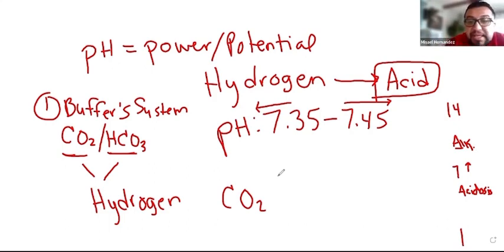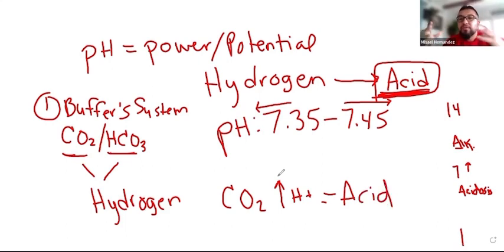CO2 increases the hydrogen concentration in the bloodstream. And since hydrogen represents acid, the more CO2 you have, the more acid you have. You don't have to worry about memorizing that CO2 increases hydrogen ion concentration. No, you don't have to know that. Just know CO2 represents acid. Okay?